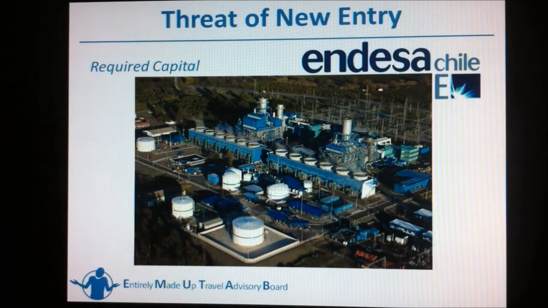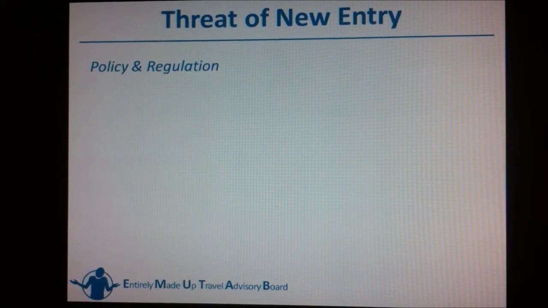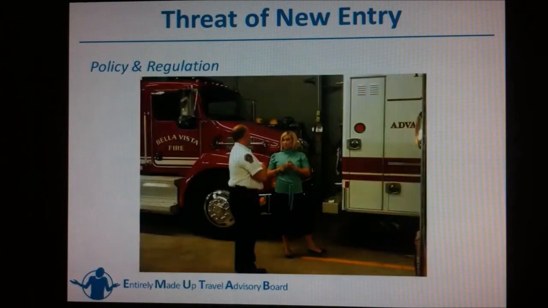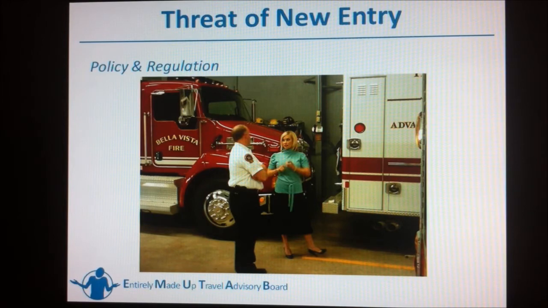An energy conglomerate such as Endesa would sooner hang up the phone on you than provide you pricing adjustments. Finally, any agency with heavy regulation is likely to reject the haggling overtures of even the most accomplished haggler. Don't believe me? Try walking into your local firehouse and negotiating taxes you pay to support their services.